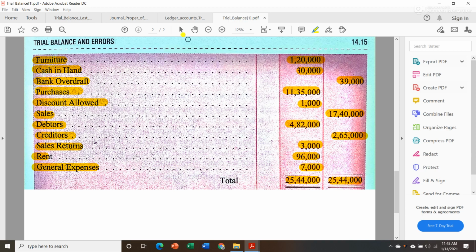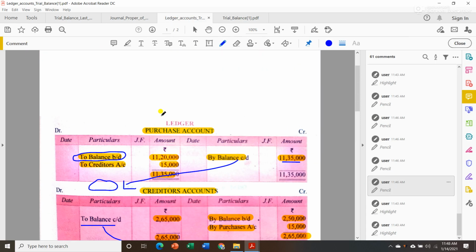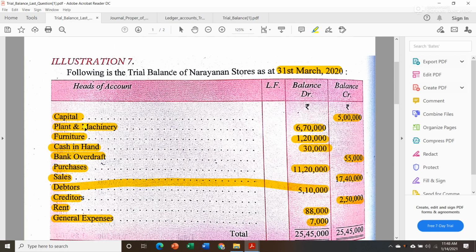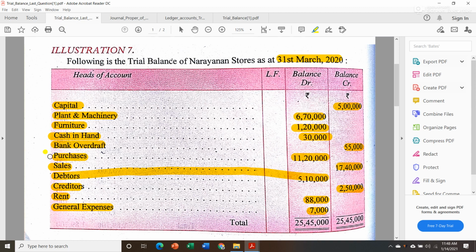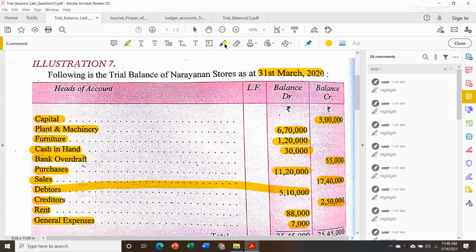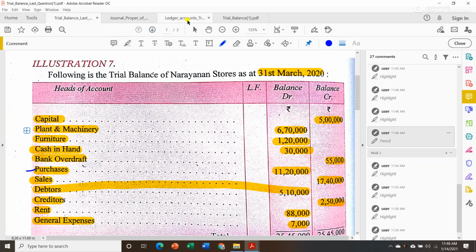Another method is that for the ledger accounts that you have prepared, you can just look into them and mark them in your question paper. Purchases account, you have made a ledger account; creditors account, debtors account, bank overdraft also, and then the rent account.